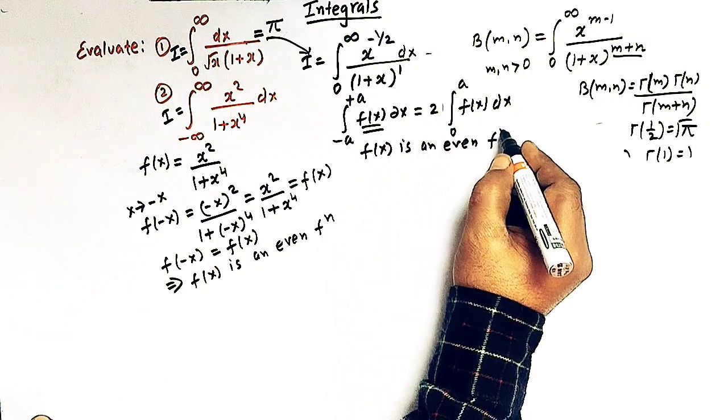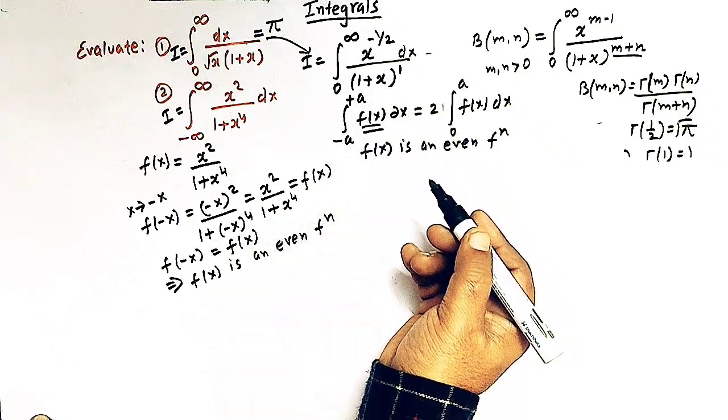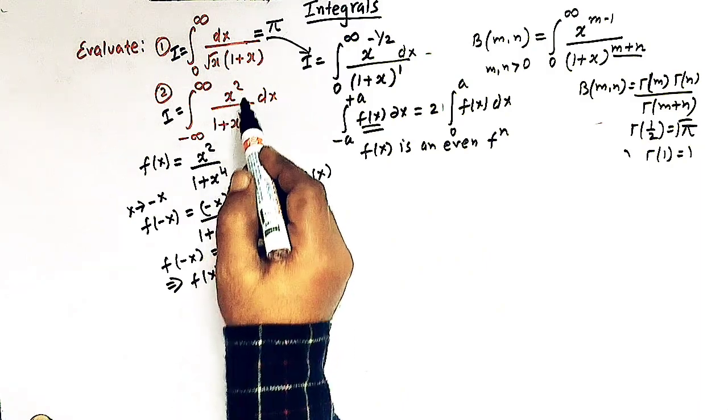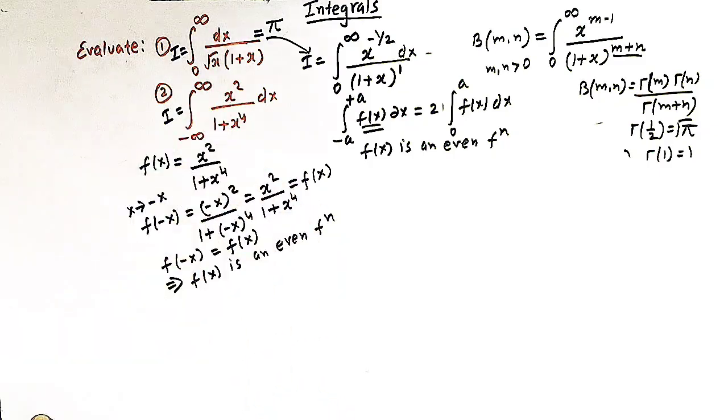And in case of an odd function, this integral is equal to 0. So here we have just proved that f of x, that is x square over 1 plus x raised to 4, is an even function.